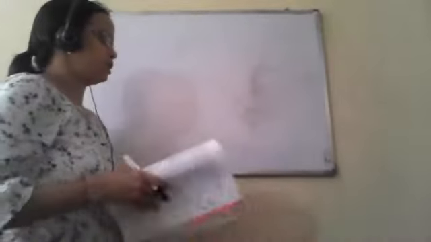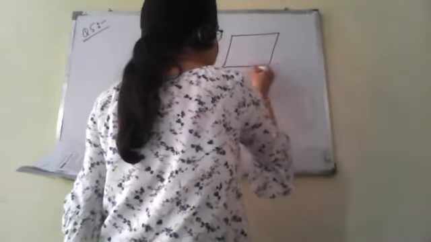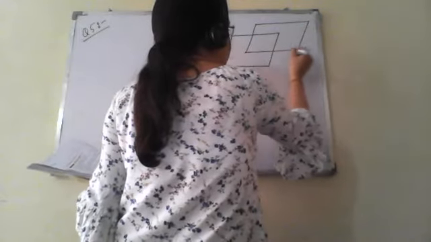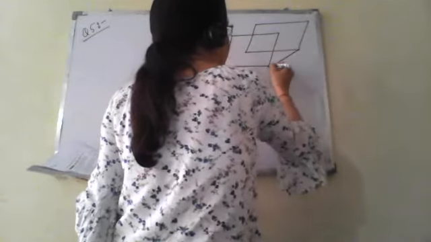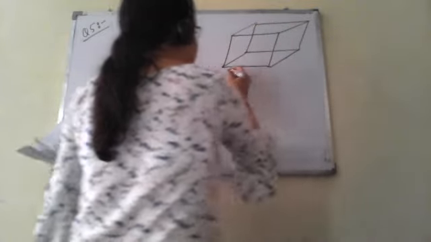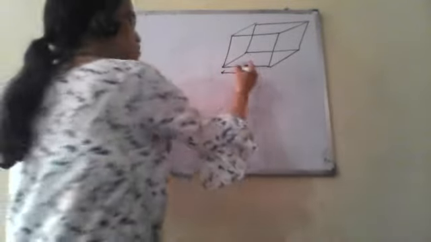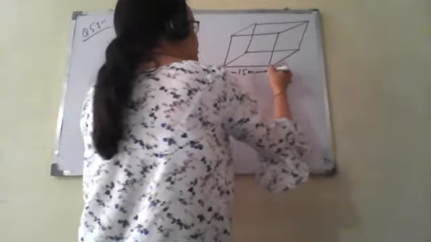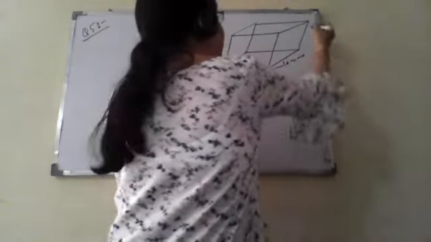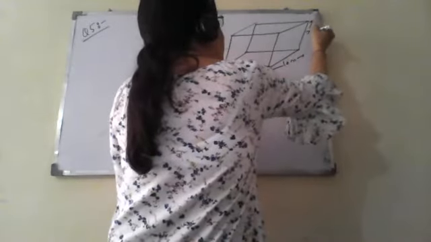So first we draw the figure. Since this is a cuboidal shape, this is L, and this is 15 meter, this is 10 meter and height is 7 meter.